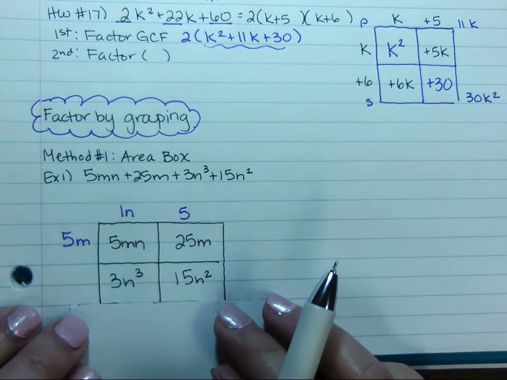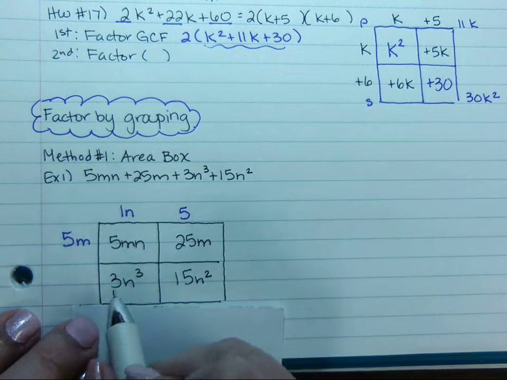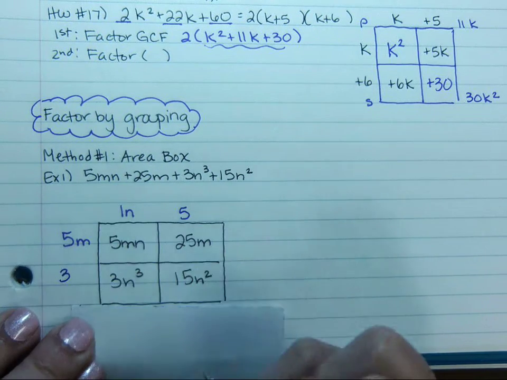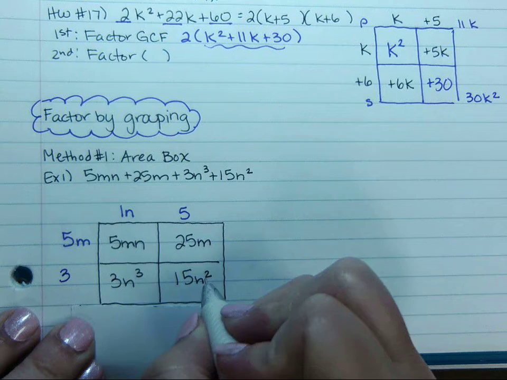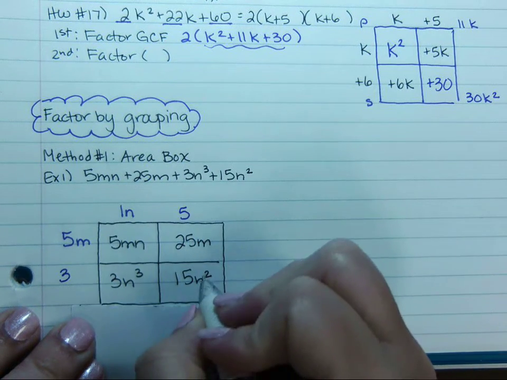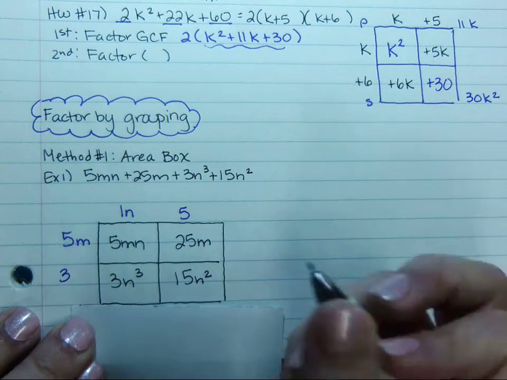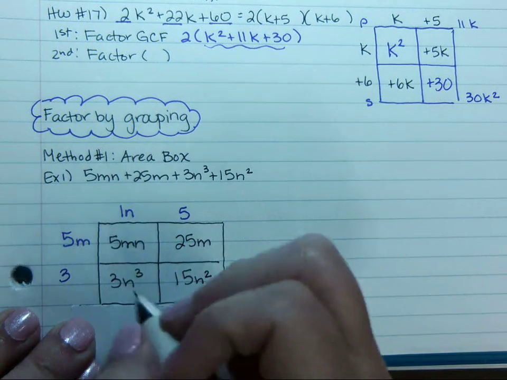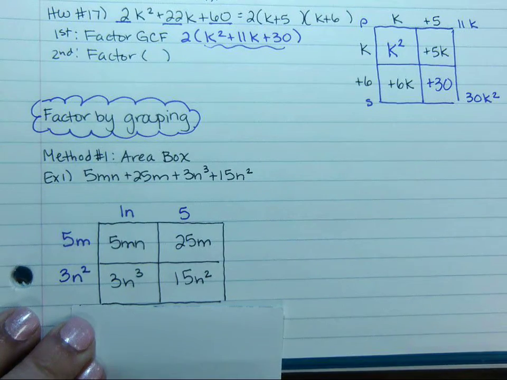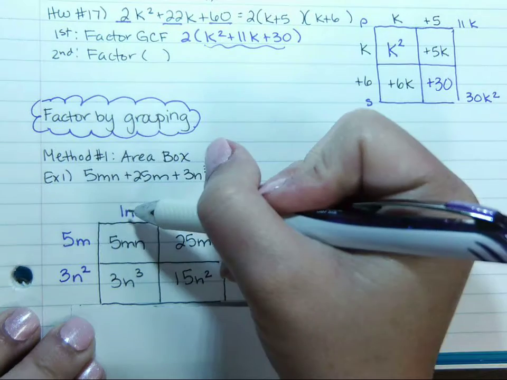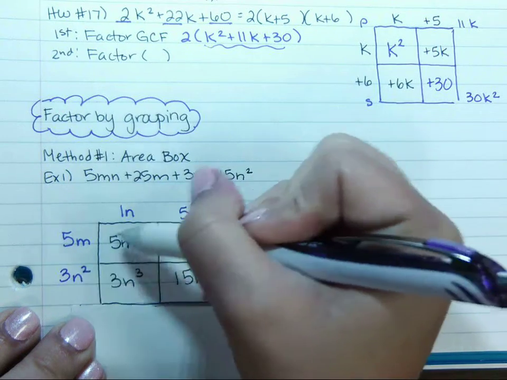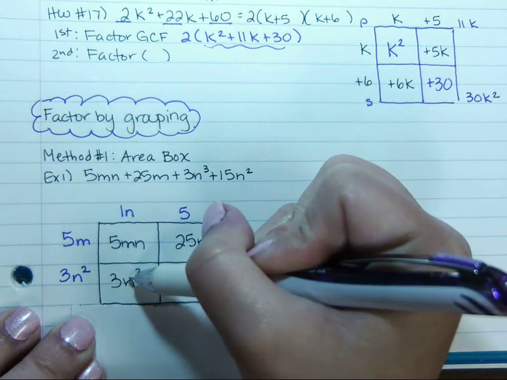I'm going to move my way down on the bottom. Between the 3 and the 15, they both have a 3 in common. N cubed and n squared, this tells me how many n's I have. If I have 2 in this group and 3 in this group, then I end up having n squared in common. I can double check that if I had a 1n up here, I can only take out 2 of the n's, so that when I multiply, I get n cubed.